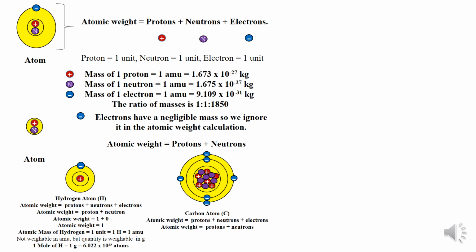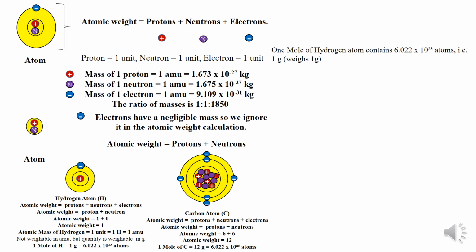What about carbon atom? The nucleus of carbon atom contains 6 protons and 6 neutrons. So atomic weight is the sum of protons and neutrons. That is 6 plus 6, that is 12. So 1 mole of carbon is 12 grams, containing Avogadro number of atoms.